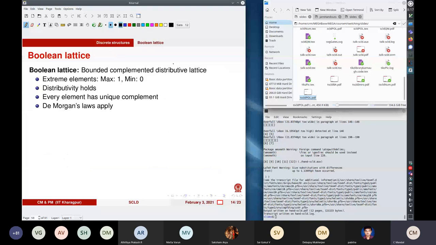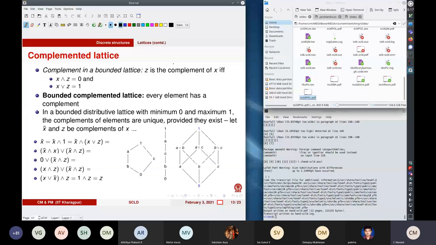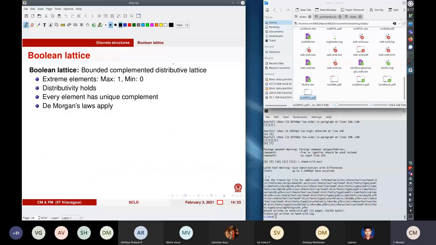So let us start with Boolean lattices. Boolean lattices are bounded distributive complemented lattices, or you can put them in any order. Boolean complemented distributive lattice. So they satisfy all the properties.